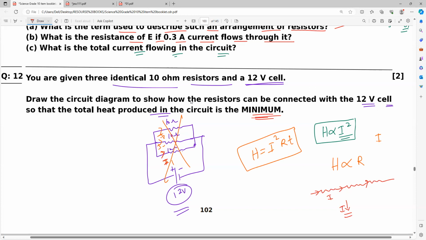If you connect them in series, the current will decrease. So when current decreases, heat energy also decreases. They are asking for minimum, so please remember, for minimum heat energy we have to connect them in series. Maximum means we have to connect them in parallel. So please write it. So they have been connected in series connection.